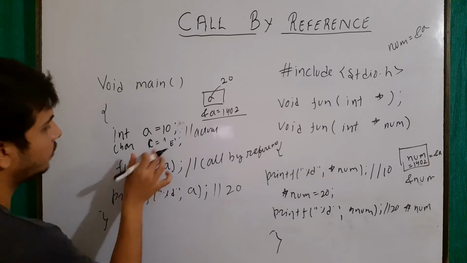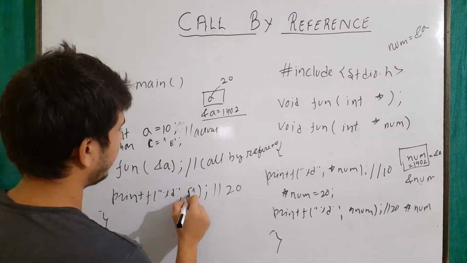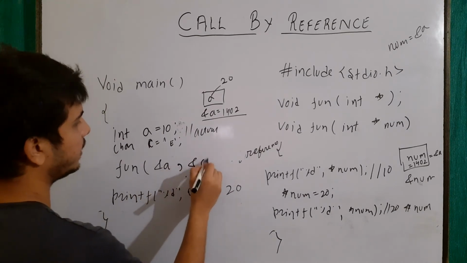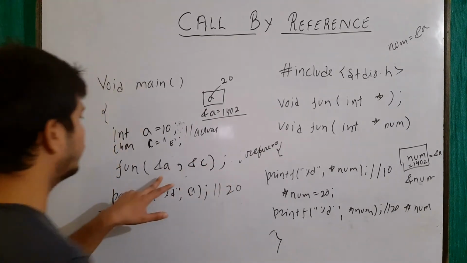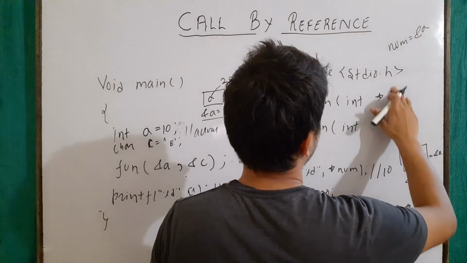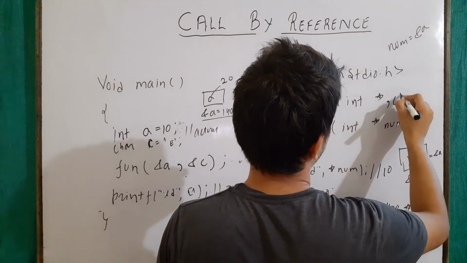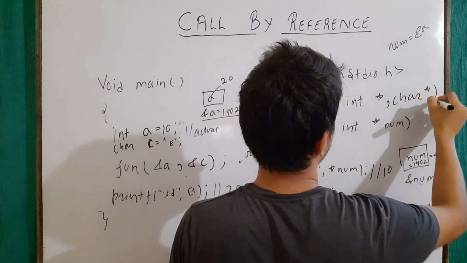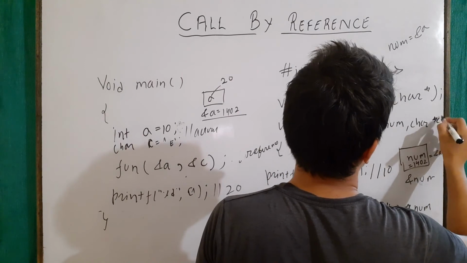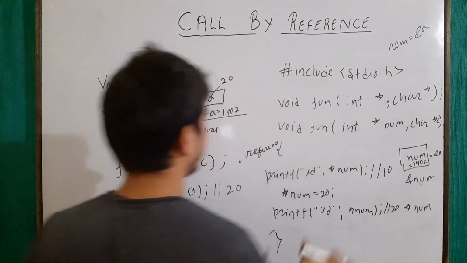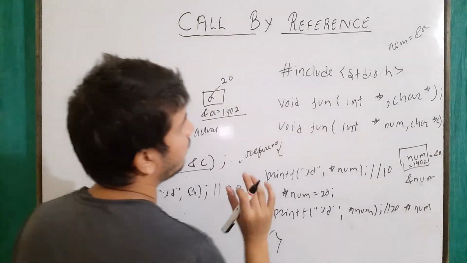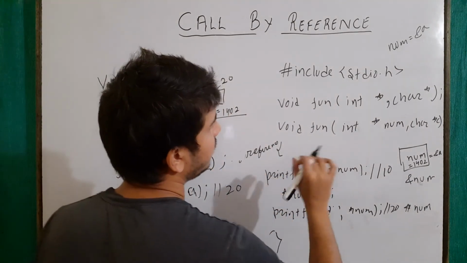I want to send its address, then I will write here &a comma &c. The addresses of both will go, and the first pointer is of integer type and the other will be of character type, and here also I will have to write some variable, char asterisk c, and every operation can be performed using this logic.